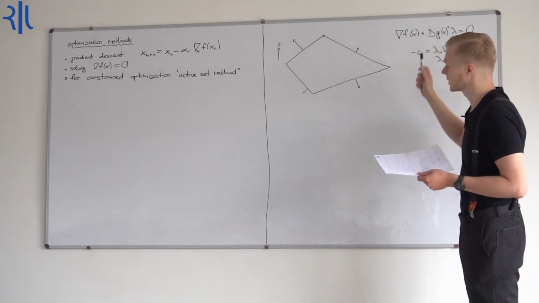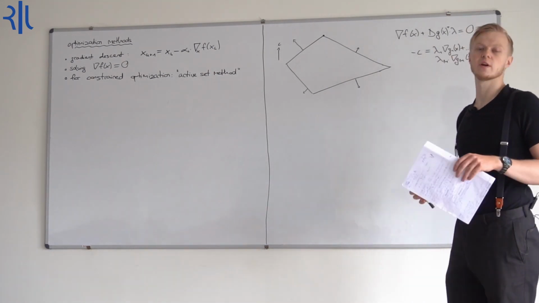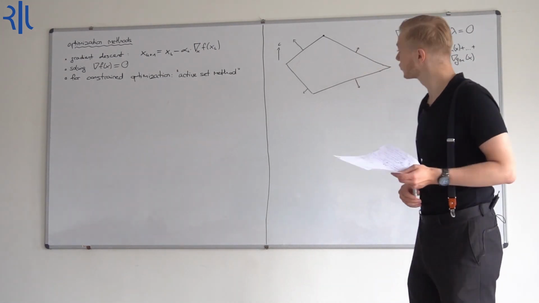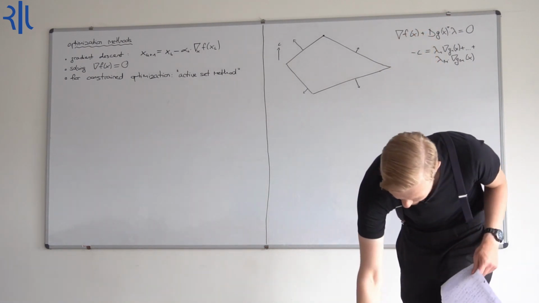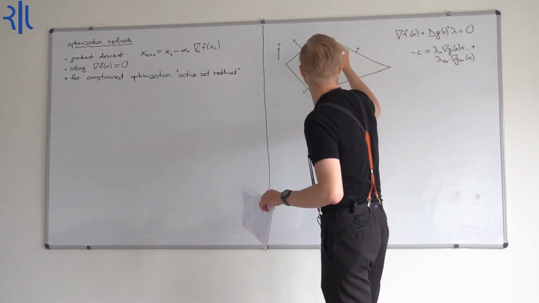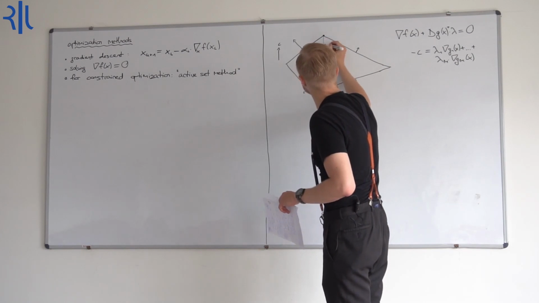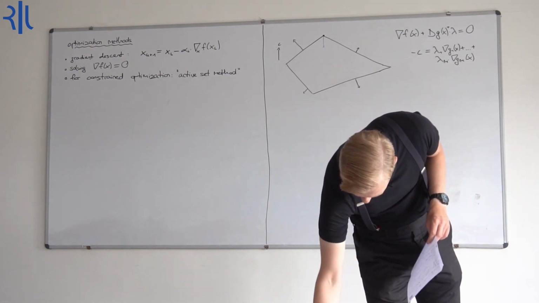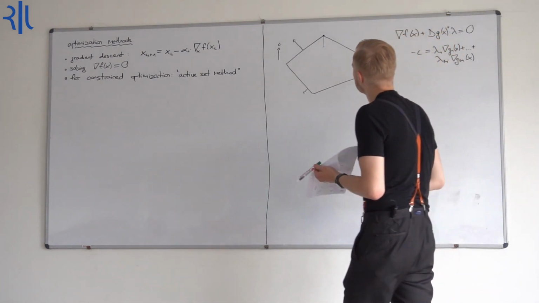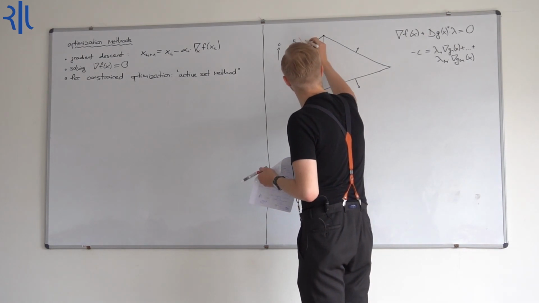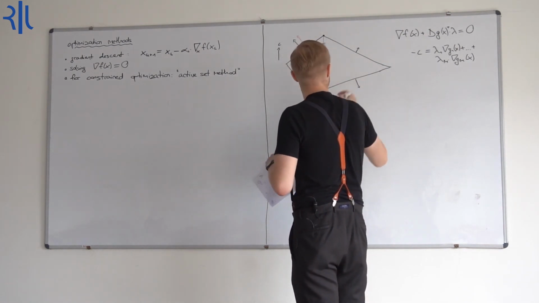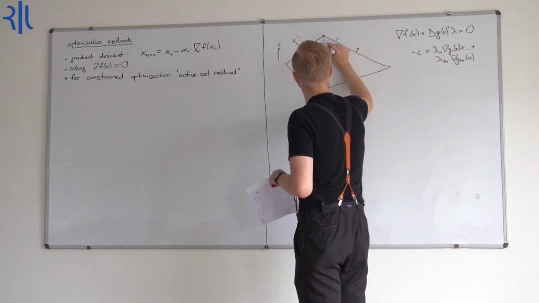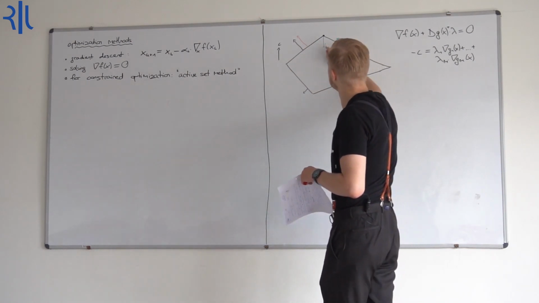And if you look at it like that, it gives you a linear system for lambda. So if you solve this linear system, you get the lambdas. And we can do that graphically too, like we can do that by solving this system of linear equations. If this is minus c, and we have our two gradients here, that one and that one, we can see how we have to express minus c with those two gradients.